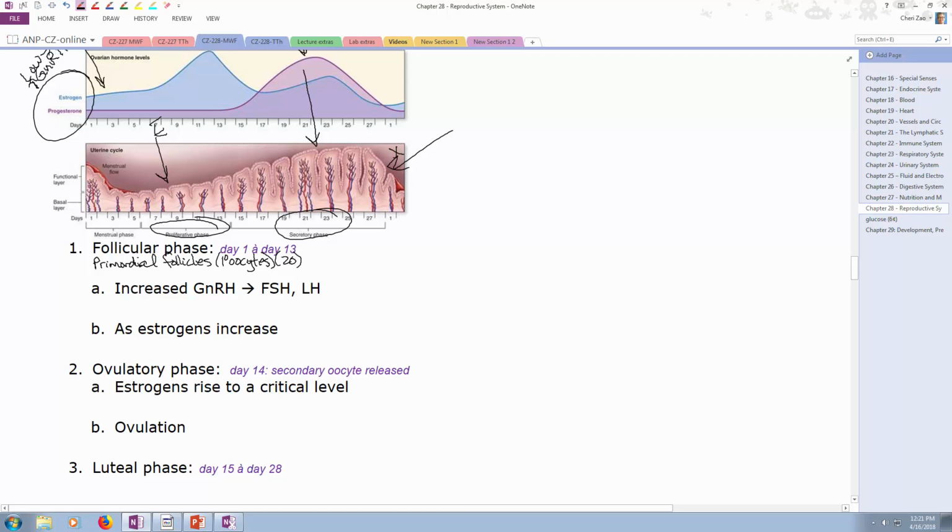And because of GnRH and FSH and therefore LH, we're going to ask them to become a primary follicle, which still contains primary oocytes. Primary follicles will then turn into a single secondary follicle.